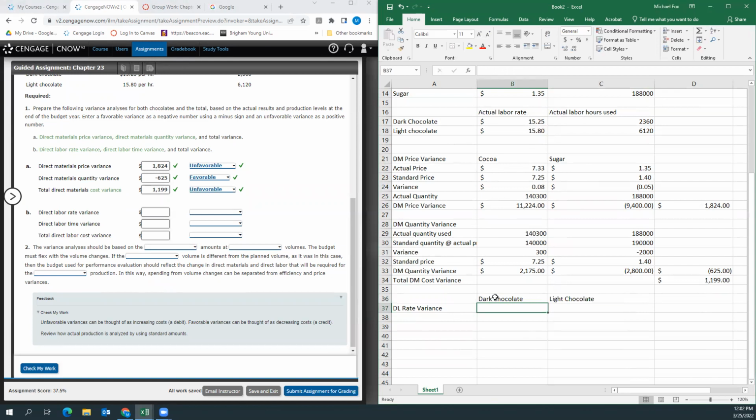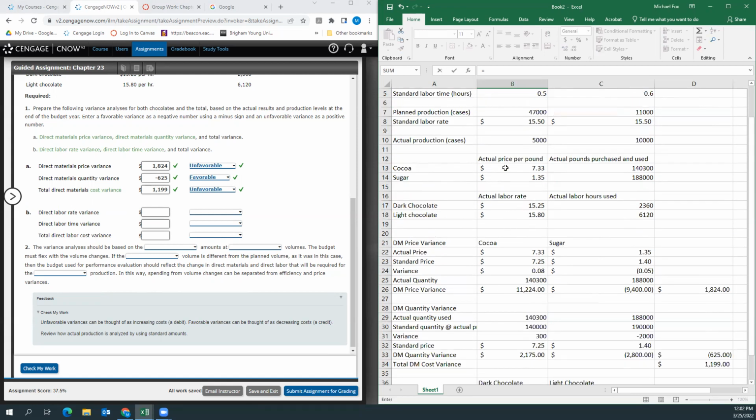All right. So we'll start with our actual rate. Again, you see that pattern. Start with the actuals. So our actual direct labor rate for dark chocolate. Let's see. Where was that at?